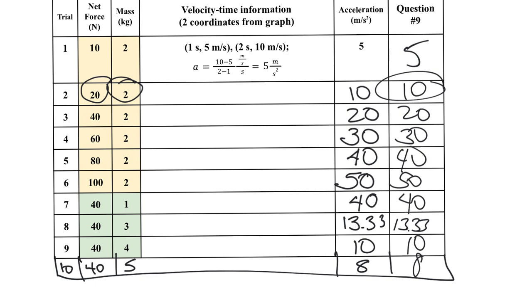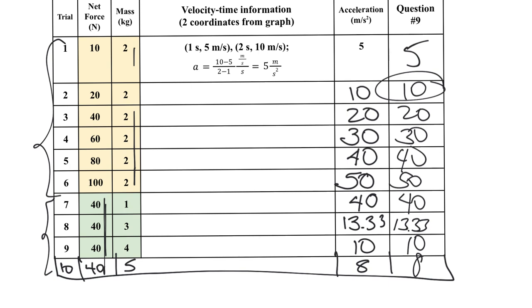So, change one thing at a time. For trials 1 through 6, the mass stayed the same the whole time, but we changed the net force. And then in trials 7 through 10, we kept the net force the same and changed the mass. In all of those, when you looked at double the net force, which trials did you use? 2 and 3.